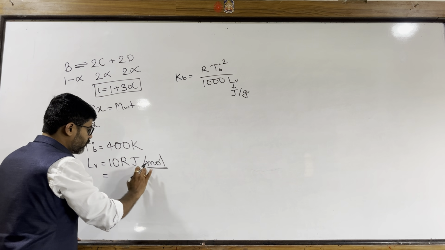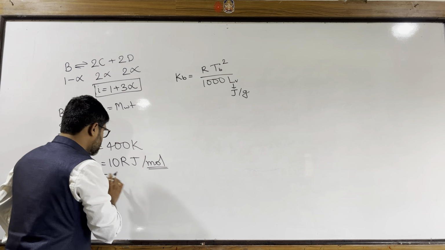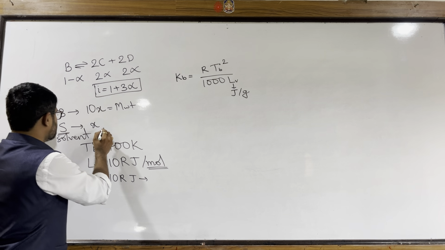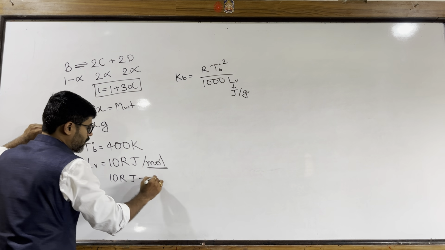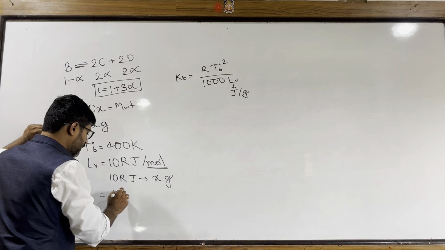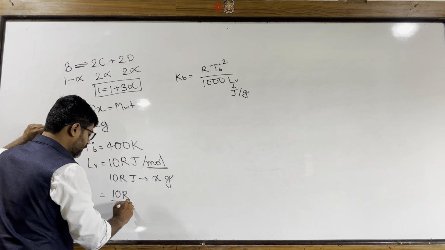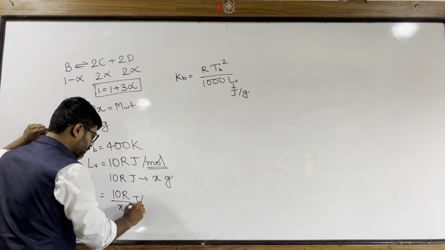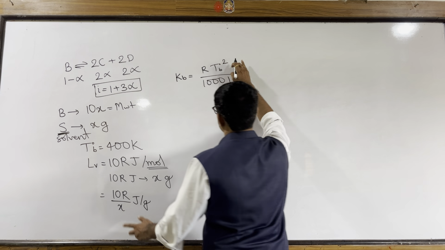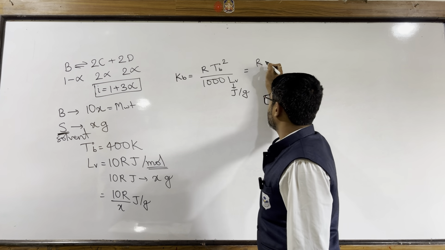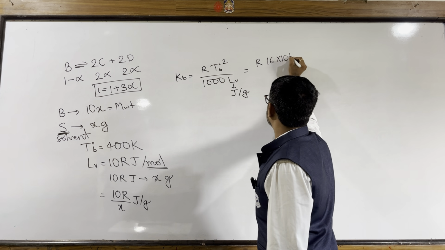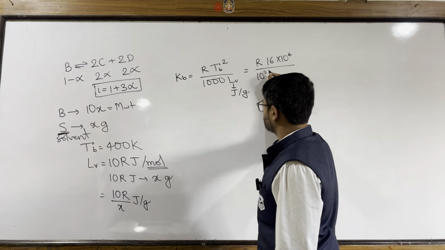This value of 10 R joule is for 1 mole, meaning x gram of S. So for 1 gram it will be 10 R by x joule per gram. I'm putting this value here. We get Kb is equal to R times T naught b, which is 400 Kelvin, so its square will be 16 into 10 to the power 4, divided by 10 to the power 3.